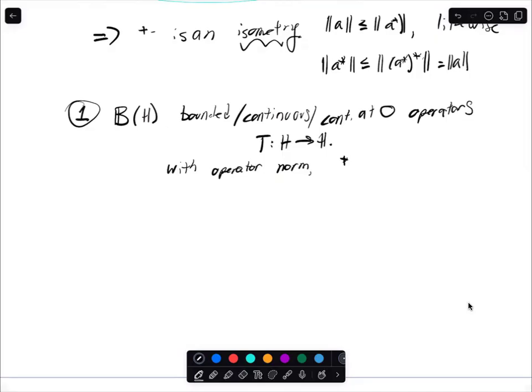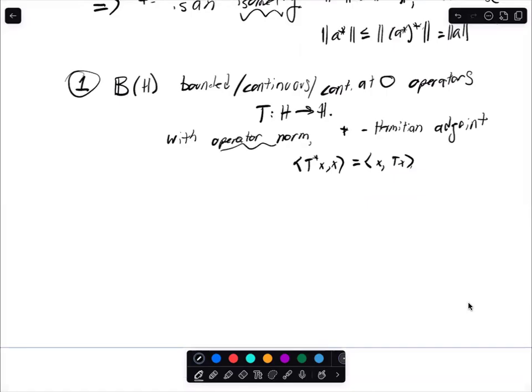And the involution is given by the Hermitian adjoint, which says that T star against a vector X takes exactly the values of T applied to X and the other factor of the inner product.